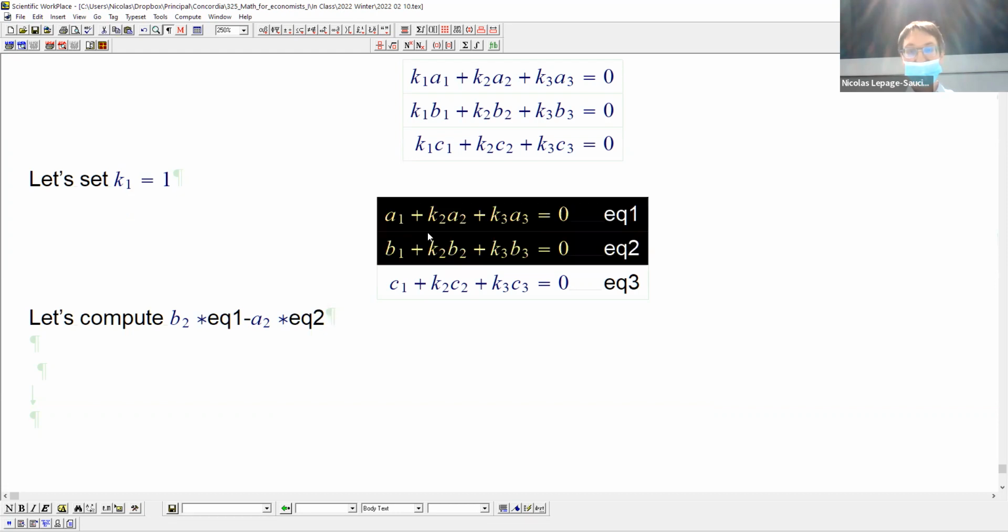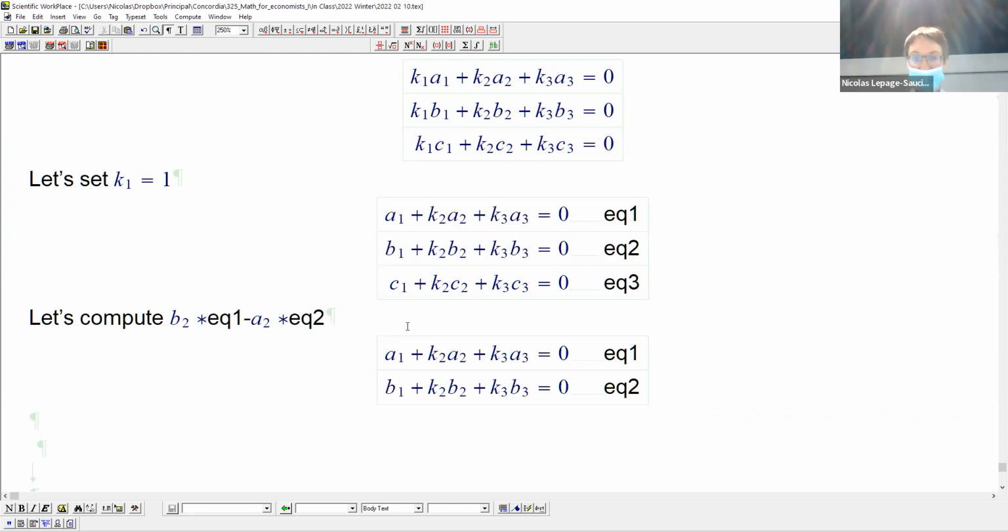If I do this, I get, so I want B2 times equation 1, so I'm going to multiply by B2 everywhere.